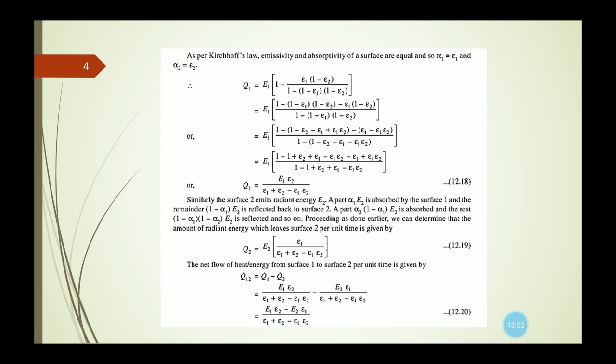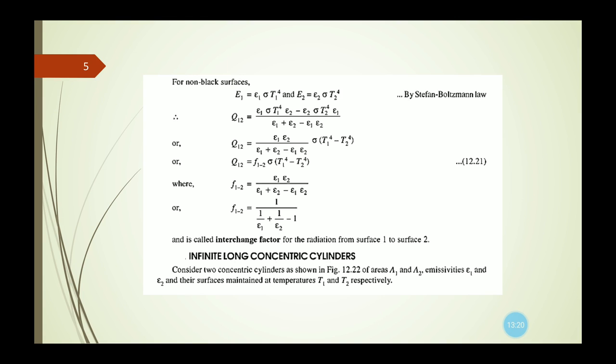This is actually coming as E1 epsilon 2 minus E2 epsilon 1 divided by epsilon 1 plus epsilon 2 minus epsilon 1 epsilon 2. So that is our equation number 12.20. Now here we are dealing with the non-black surfaces.